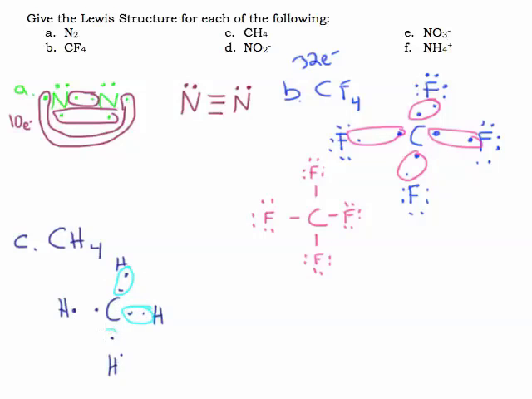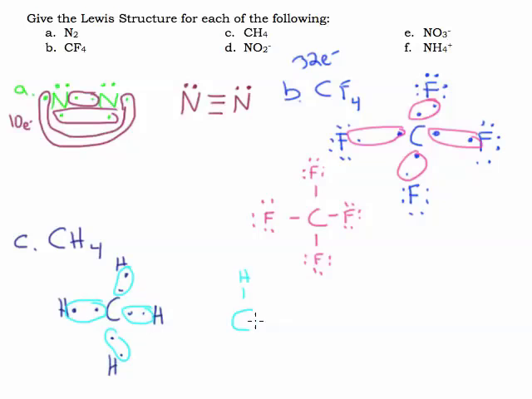So instead of counting for 8, we can see each hydrogen has 2. We know that we started with 1, 2, 3, 4, 5, 6, 7, 8 electrons total. And that we have also ended with 8 electrons.